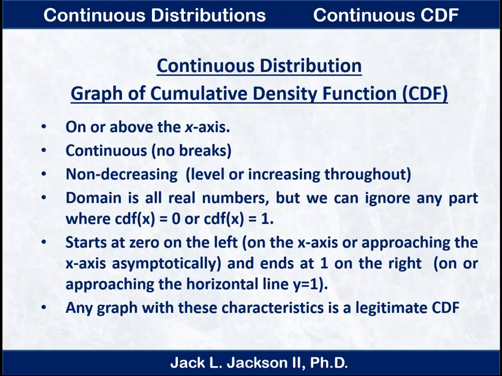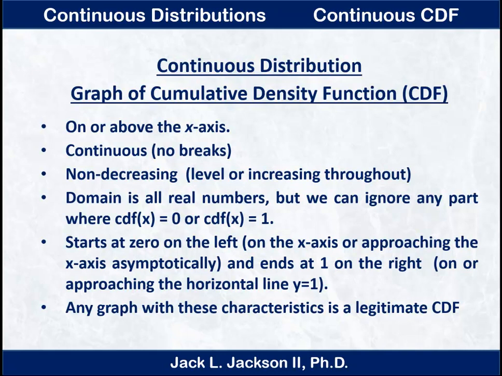Now the domain is all real numbers, but we can ignore any part where the CDF has a value of 0, which would be on the far left, or the CDF has a value of 1, say on the far right. It's only the middle part that's really interesting. So again, it starts at 0 on the left and ends at 1 on the right. That could be on the x-axis on the left, or on the line y equals 1 on the right, or instead of actually being on those lines, it could approach them asymptotically.